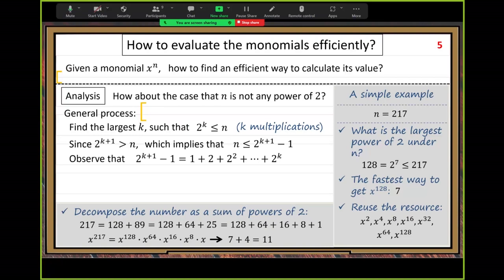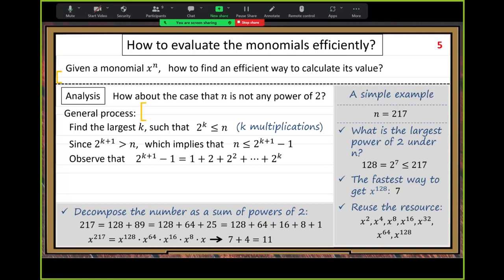That number can be represented as a sum of powers of 2, using all the possible powers of 2 we can get on the way to calculate 2 to the k. Because we need to do repeated squaring one by one, the intermediate results generated like this can cover all the numbers up to 2 to the k plus 1 minus 1.